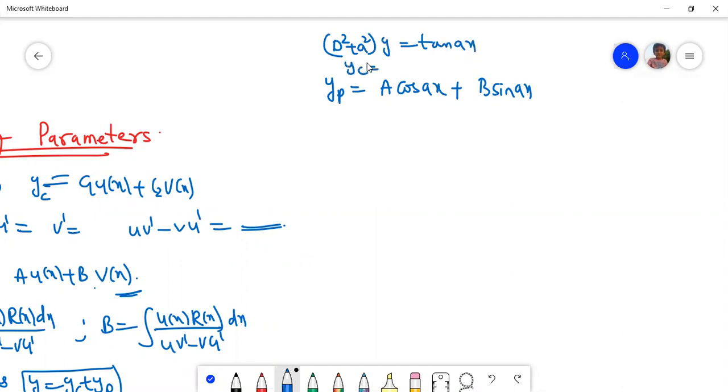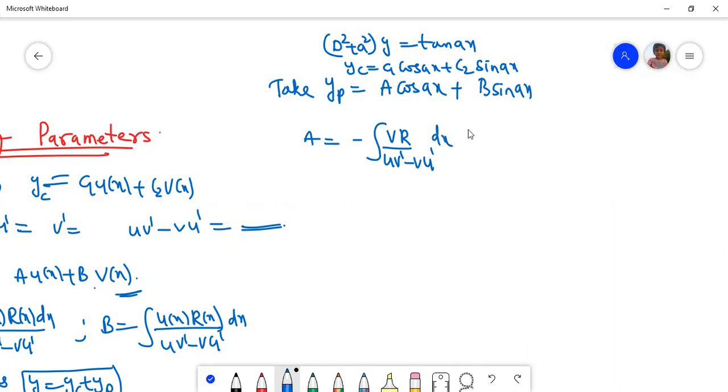Here yc is c1 cos ax plus c2 sin ax. This is yc. Then take yp equal to a cos ax plus b sin ax. Here a equal to minus integral v r by u v dash minus v u dash dx. b equal to integral u r dx by u v dash minus v u dash.